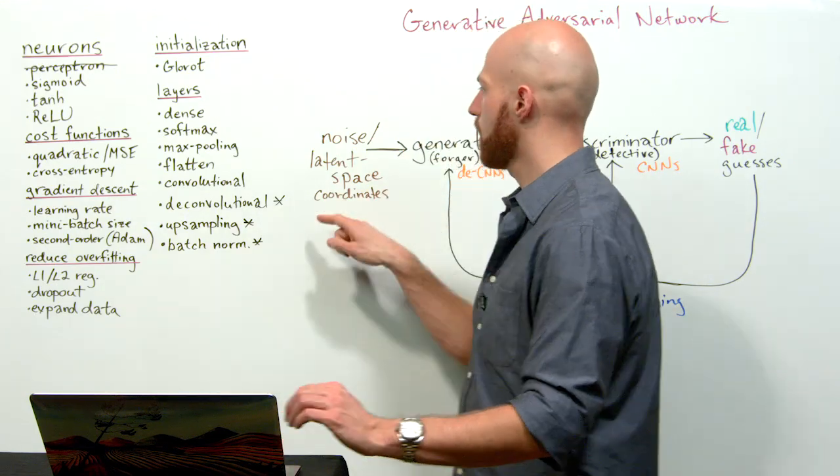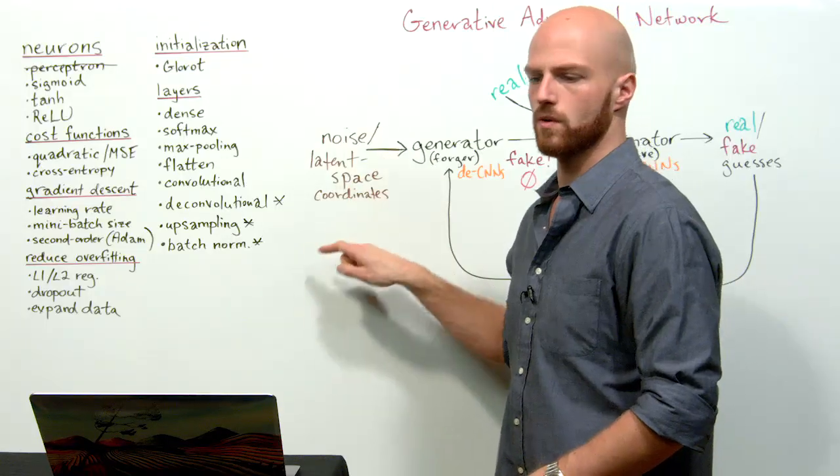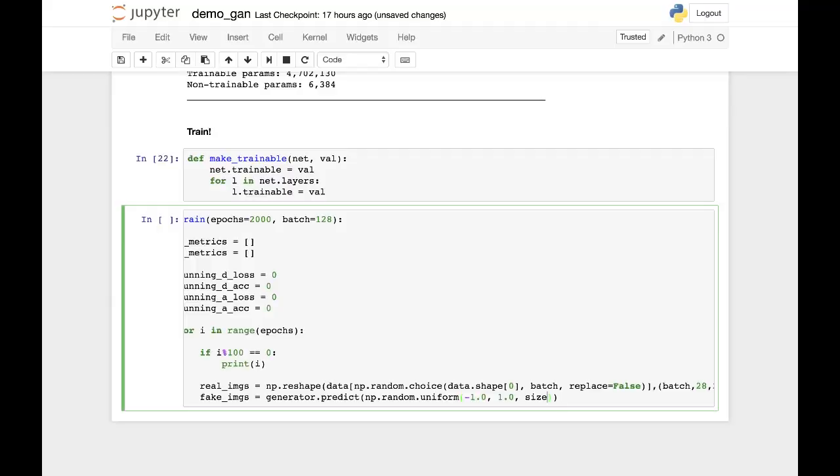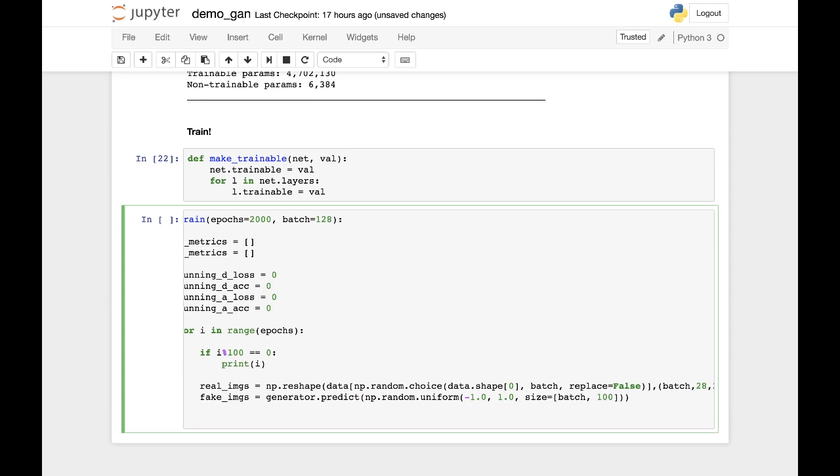So this is going to be our random sample from latent space coordinates, and the size of that sample is going to be 100. That's the number of dimensions that we defined above. When we defined our discriminator and our generator, we decided on having that 100-dimensional latent space. And we're going to sample 128 of those per batch, so we have the same number of real and fake images per batch, 128 of them. The next step is to concatenate the real and the fake images together into our inputs for the discriminator network.